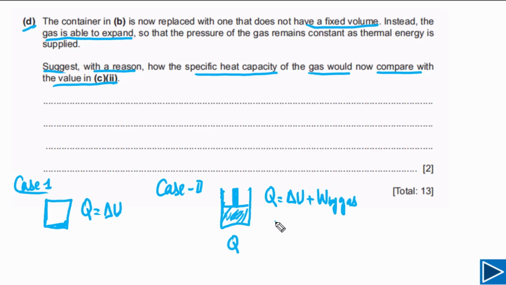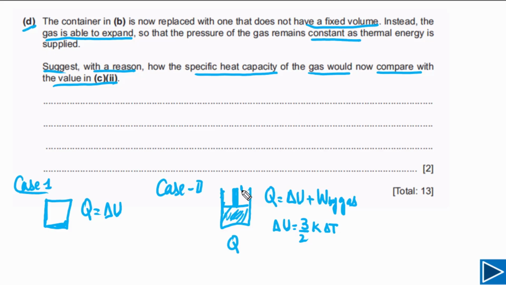Internal energy is directly linked with change in temperature. We have discussed before, ΔU is equal to 3 by 2 k times ΔT. Now in order to increase the same temperature, we have to give more Q, because in this case the gas is also doing work, meaning the gas will do work against the atmosphere, because it is given to us that the pressure remains constant.